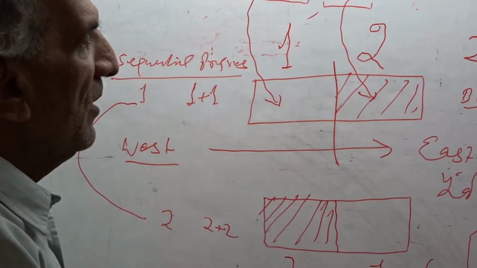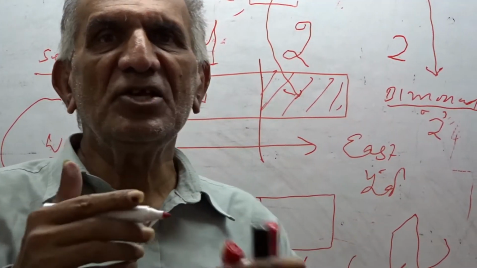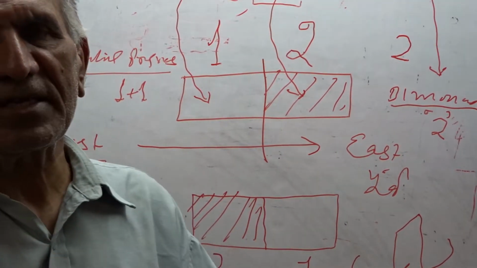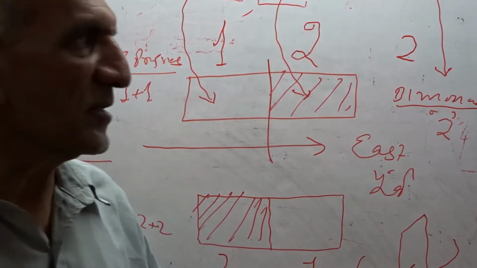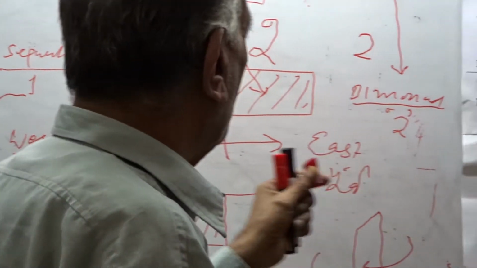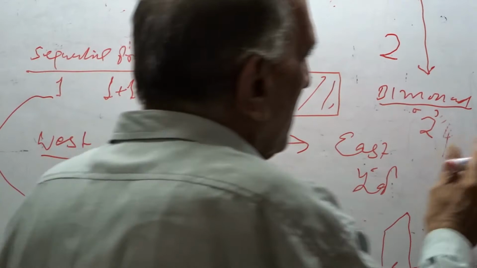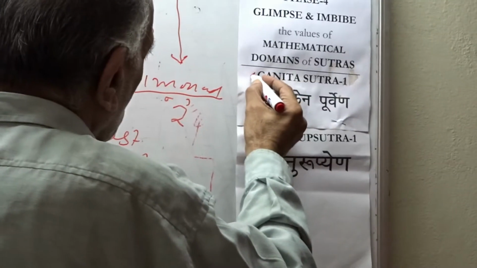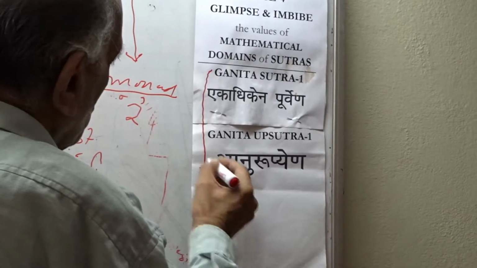It is here when we will see that mathematics of Ganita Sutras is the integrated, complemented mathematics of sutras, bridging the gaps in terms of the Ganita of Sutras. Therefore, the mathematical domain of Ganita Sutra 1 is in fact to be approached in terms of the mathematics of Ganita Sutra 1, integrated by, complemented by Ganita of Sutra 1.